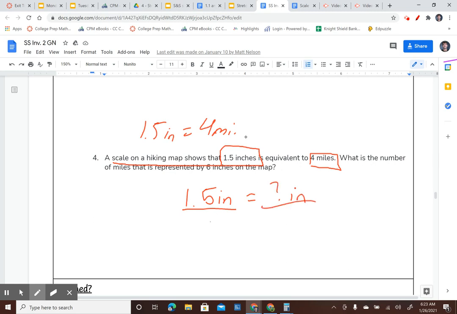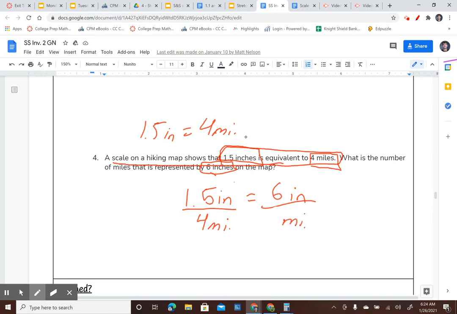And then I'm going to go ahead and write my 4 miles below my 1.5 because they match up together. 1.5 is equal to 4 miles. And then, we're looking for miles here, not inches. So if we have 6 inches, how many miles would that be?